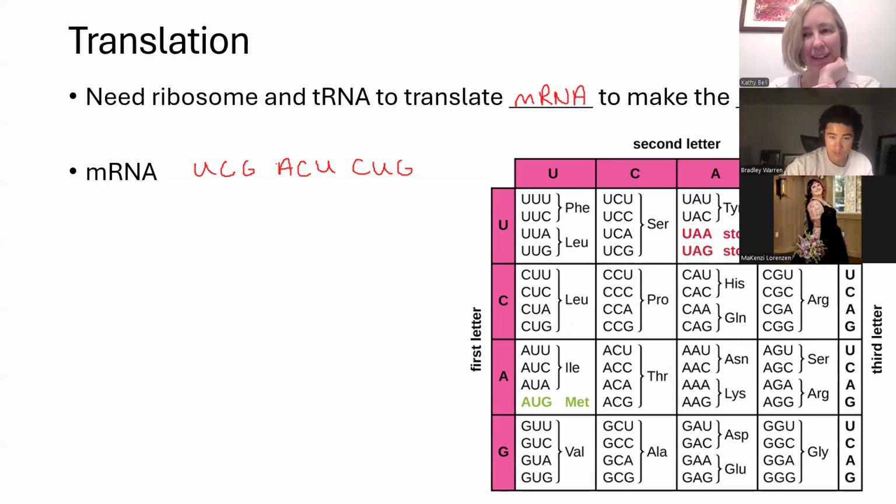What's our end product at the end of translation? Protein. Yeah, we're going to make our protein.